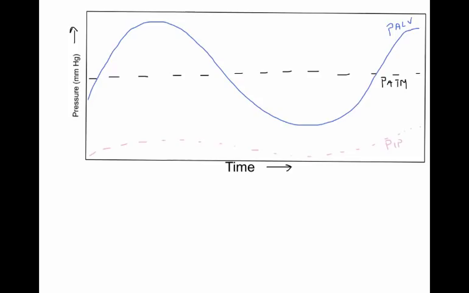Okay, so notice that sometimes the alveolar pressure is higher than the atmospheric pressure, and sometimes it's lower than the atmospheric pressure. So in the case where the alveolar pressure is higher than the atmospheric pressure, remember that air flows from areas of high to low pressure. That means it's going to flow from the higher pressure area of the alveoli towards the lower pressure area of the atmosphere, or out.